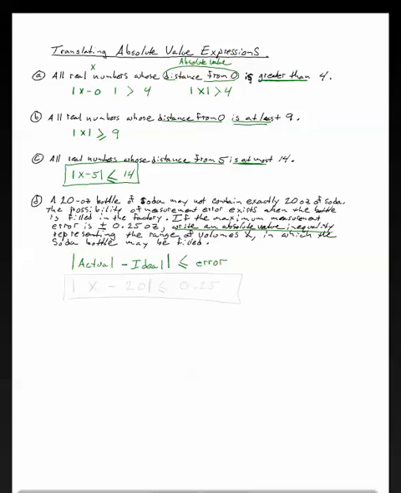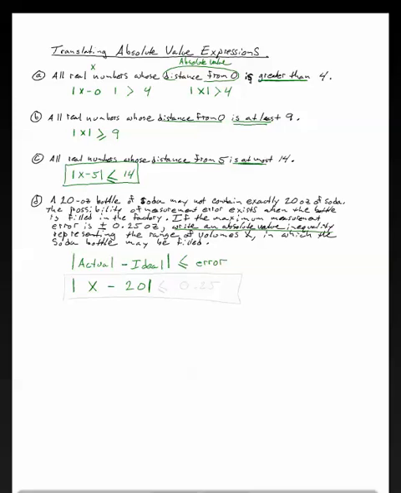So here we don't know the actual value, what's actually in the bottle, so we're going to call that x, minus the ideal. We do know what we want the bottle to be filled with. We want it to be filled with 20 ounces of soda, so it's x minus 20.